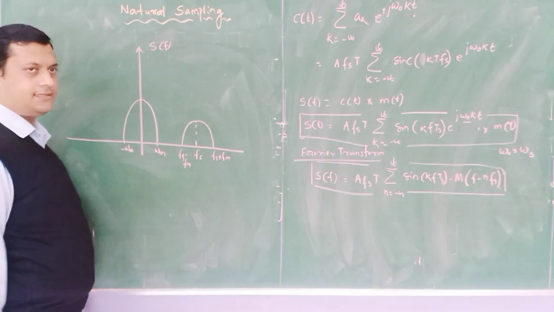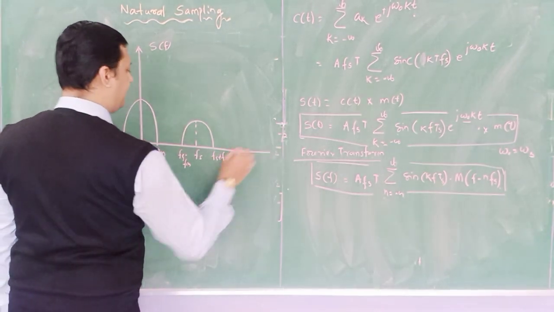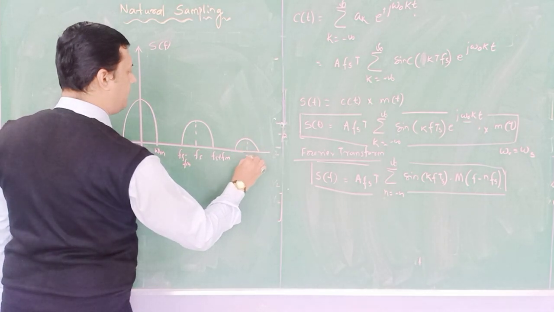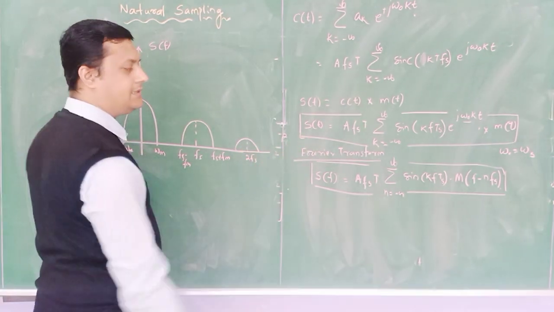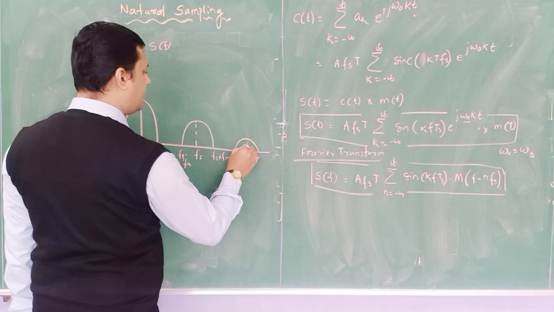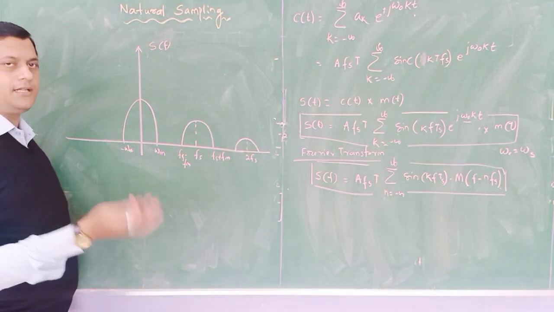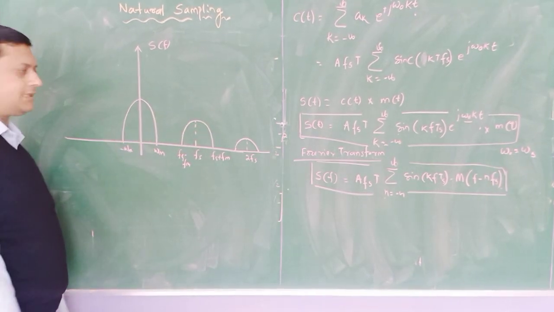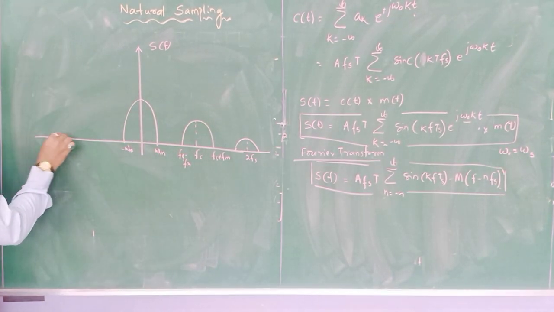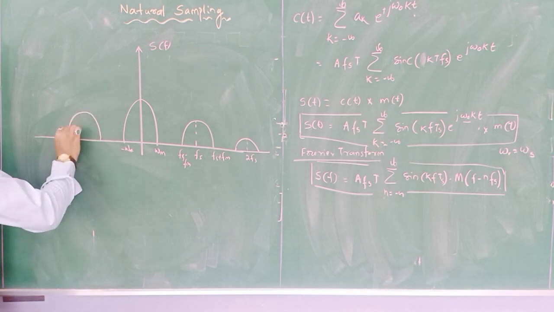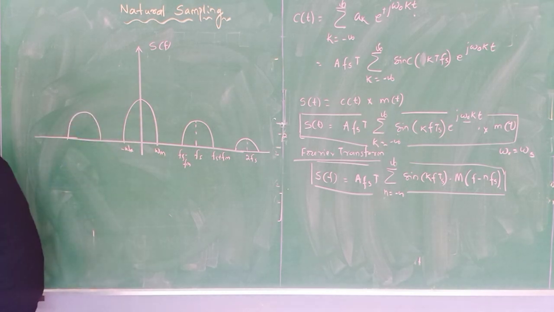Amplitude decreases, as it is a sinc function. Then again for 2fs, if n equals 2, positive. Now this is the amplitude, because it is a sinc function, which means as the value of n increases, the amplitude will decrease.